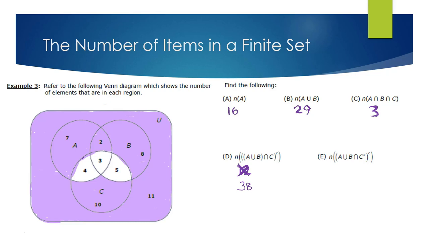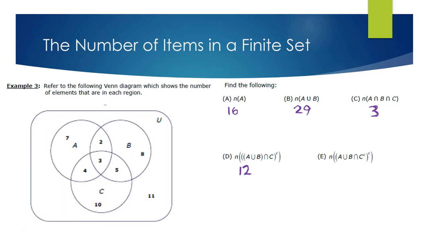And as far as E goes, I'm looking for those that fall outside of A union B and not C. And I want to do the complement of that. So again, A union B is everything in this region right here. Let me get my laser pointer going.